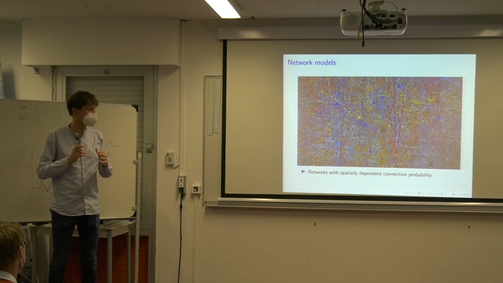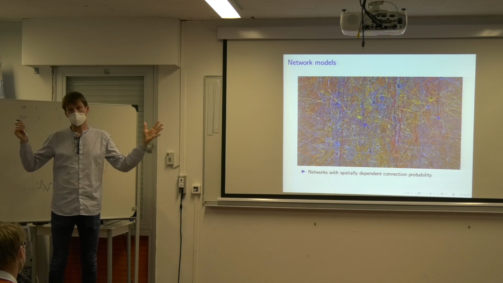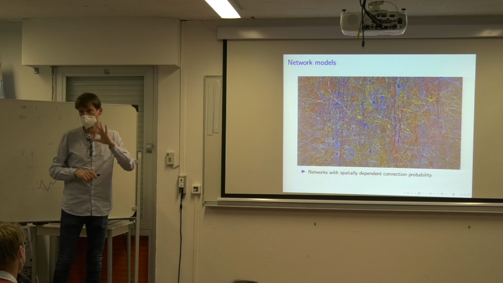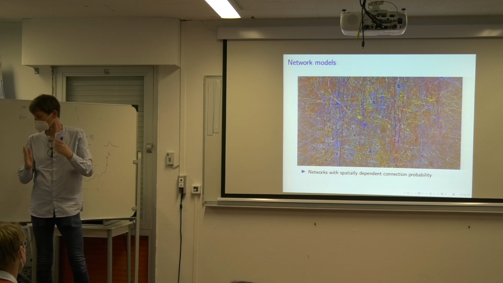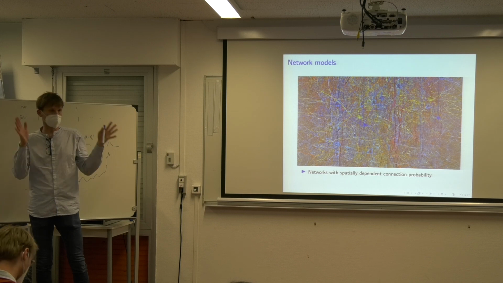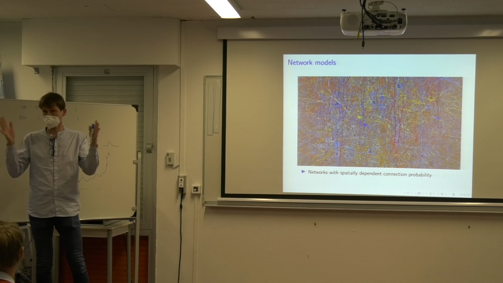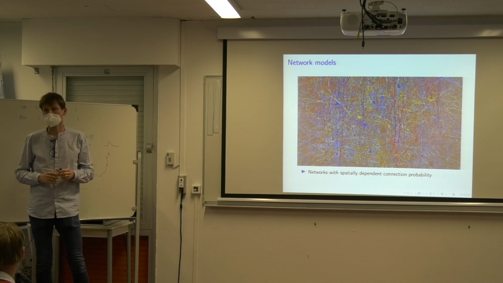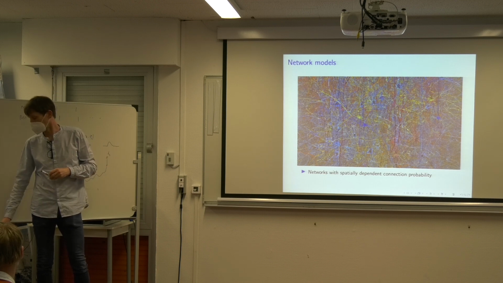And so that leads to the picture, at a really large scale, of something that might be closer to a small world network because of this mixture of local and long-range connections. However, here I'm really focusing on networks at the local scale, so at the scale of maybe 1 millimeter or so. So I will completely ignore the spatial structure in these lectures.